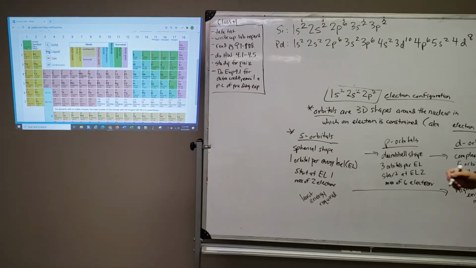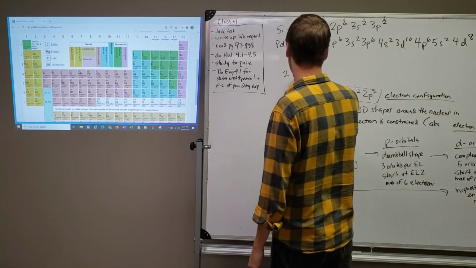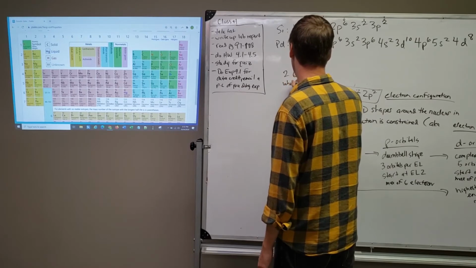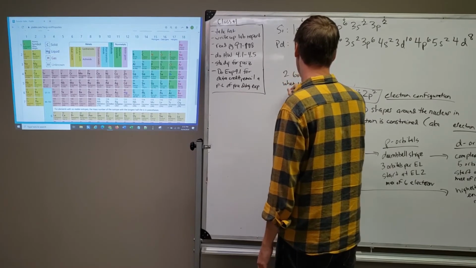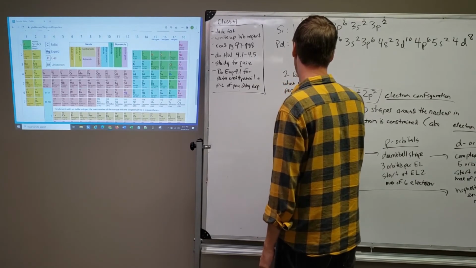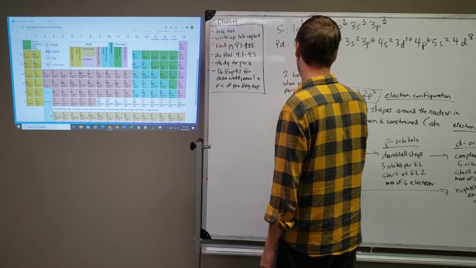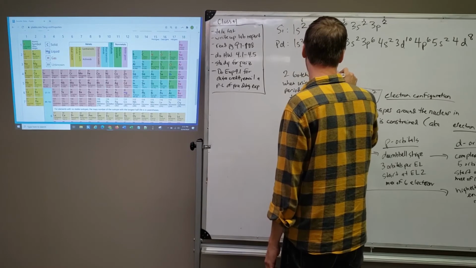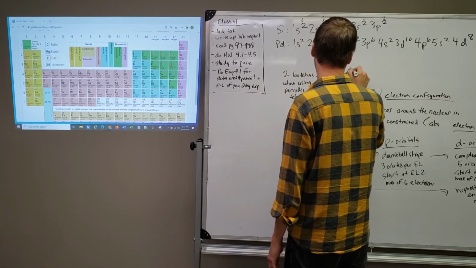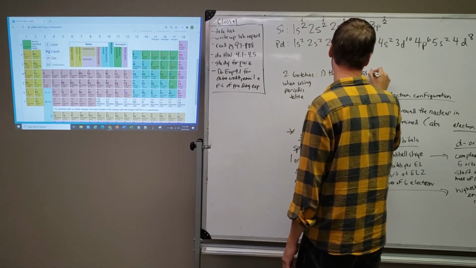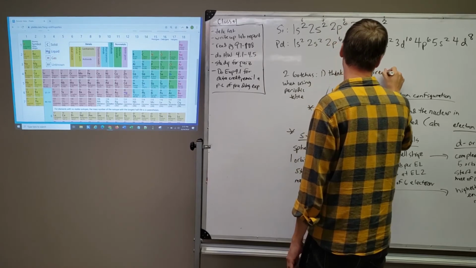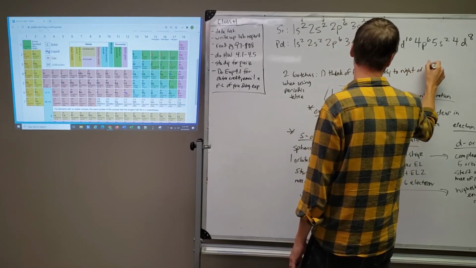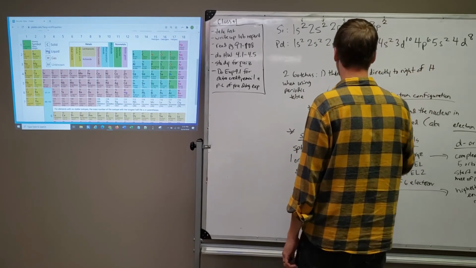What are the two gotchas when using the periodic table for electron configurations? Number one, think of He as directly to the right of H, right?